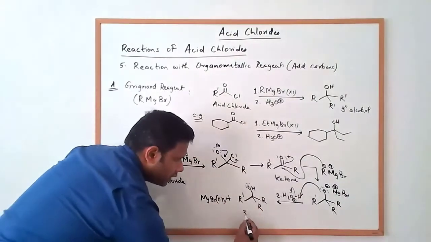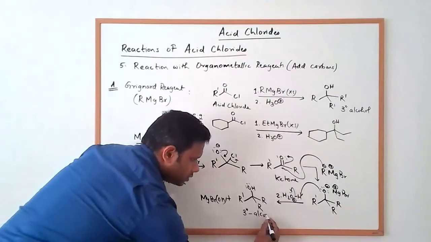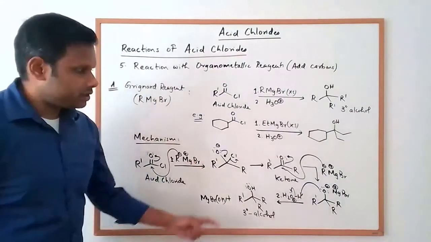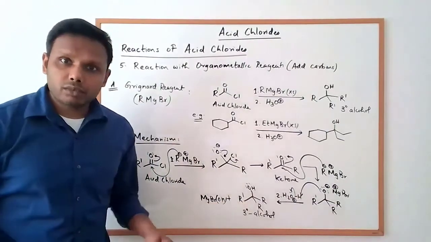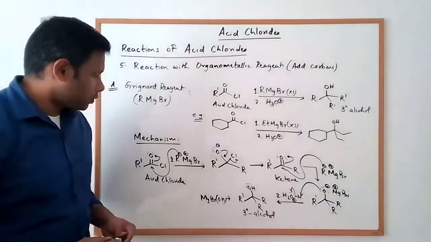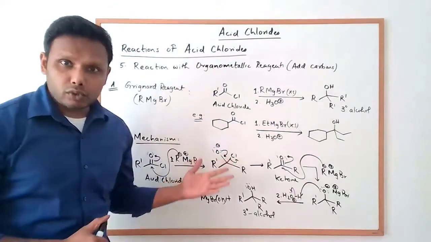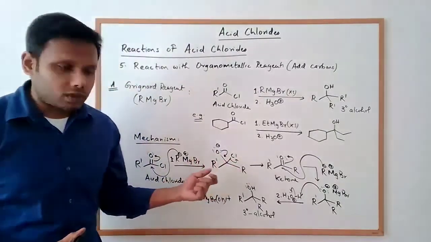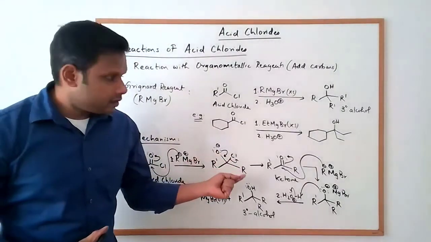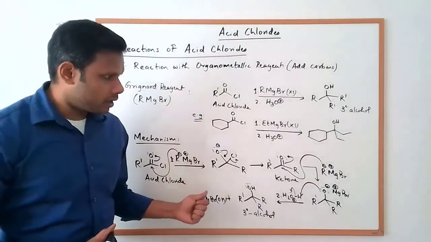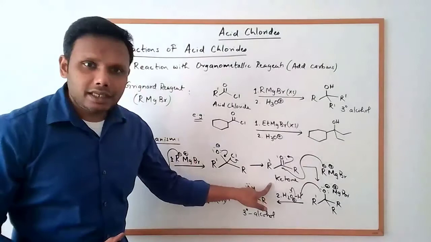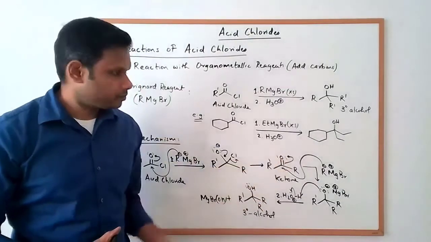But the key is that we make the tertiary alcohol, which is our organic compound. So very similar to the reaction of acid chloride with lithium aluminum hydride, which we went over a little bit ago, the key here is that when the Grignard reacts with the acid chloride, it generates a ketone intermediate.